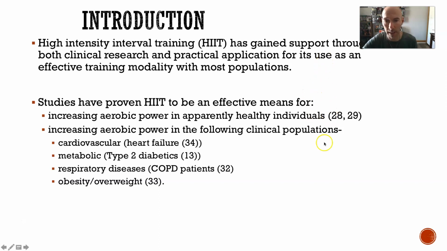For example, my references number 28 and 29 are going to talk about this. My reference number 34 is going to talk specifically about patients with heart failure and how interval training was used with those patients. Same with diabetics, same with COPD, and same with obese and overweight populations. So insert the number.